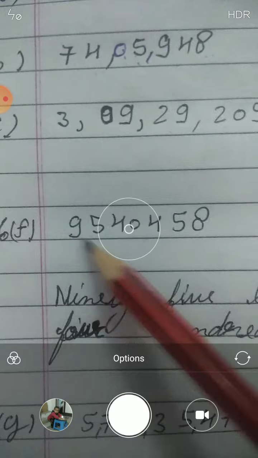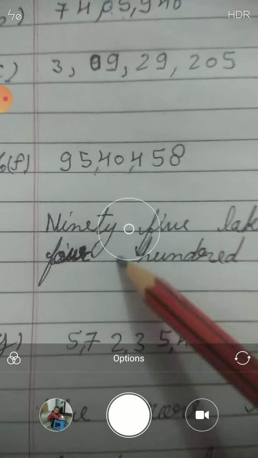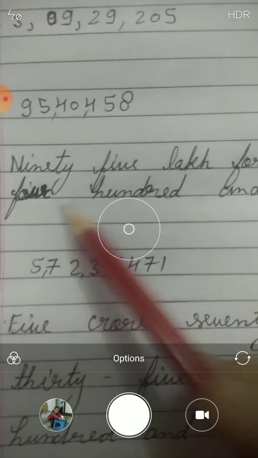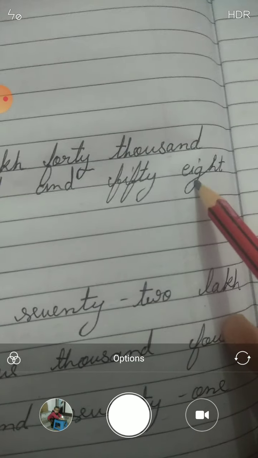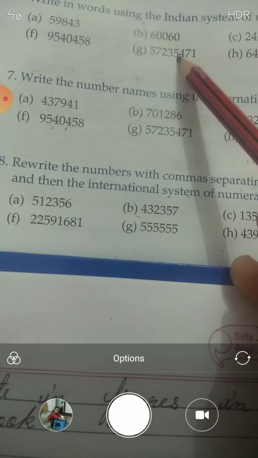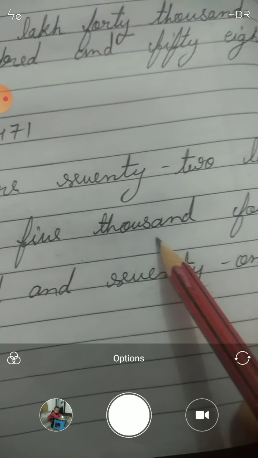F part: 95 lakh 40,458. And G part: if you put the commas, it will be easy to write the values. G part: 5 crore 72 lakh 35,471.